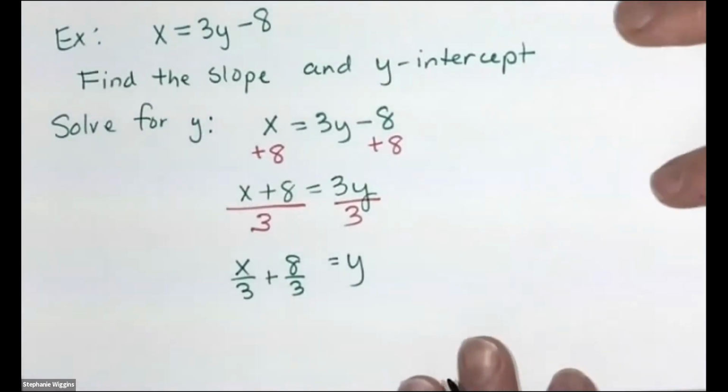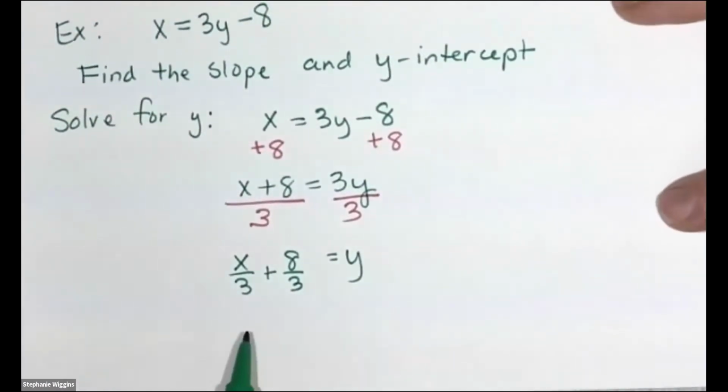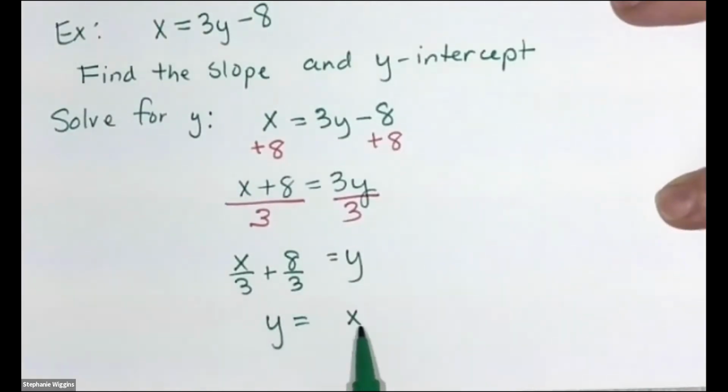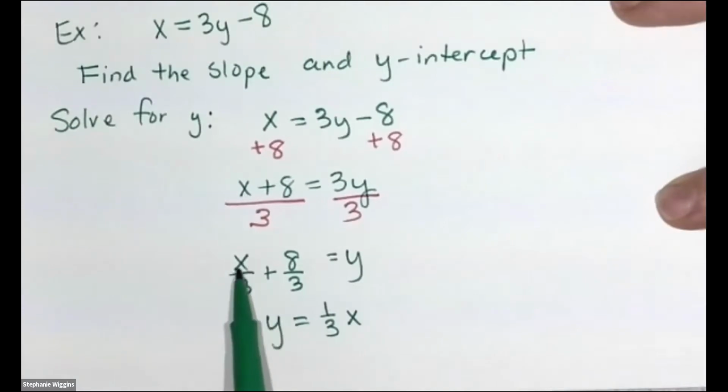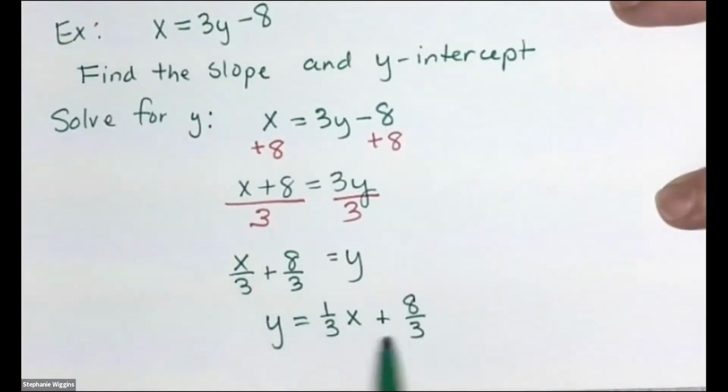And then I want to put it in a different order. I'm going to swap sides. So I'm going to write y equals, I want the x kind of separated from this third here, so I'm going to write it as 1/3 times x instead of x over 3, plus 8/3.